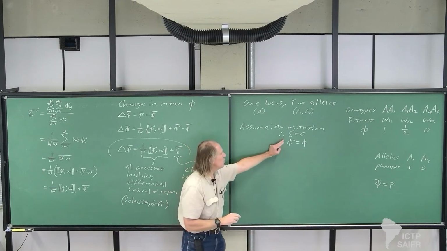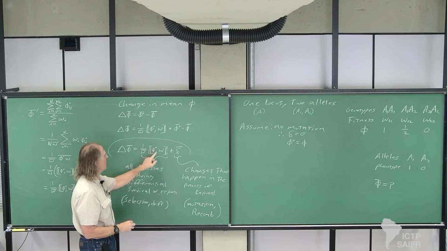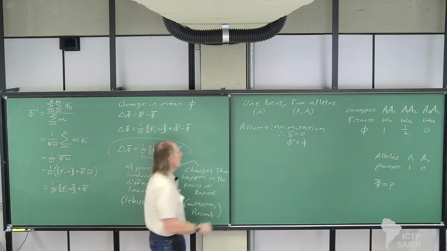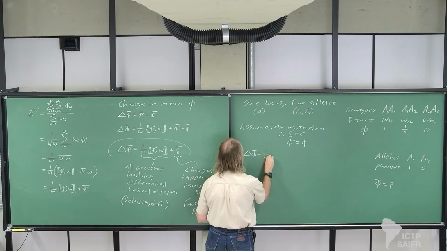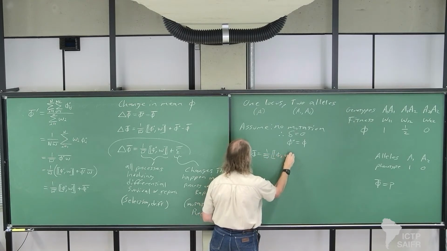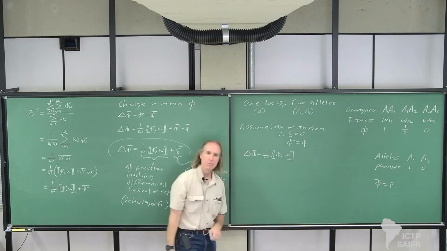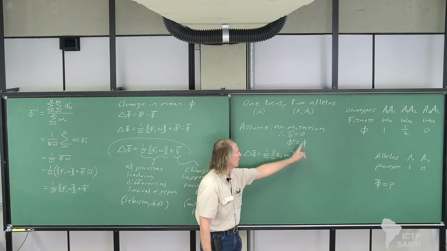But if we do those, then this simplifies a lot. That term disappears, and this just becomes phenotype. So I get delta phi bar is 1 over W bar covariance phenotype with fitness, right? Because these are equivalent, and I don't have that delta bar over here because delta is 0.